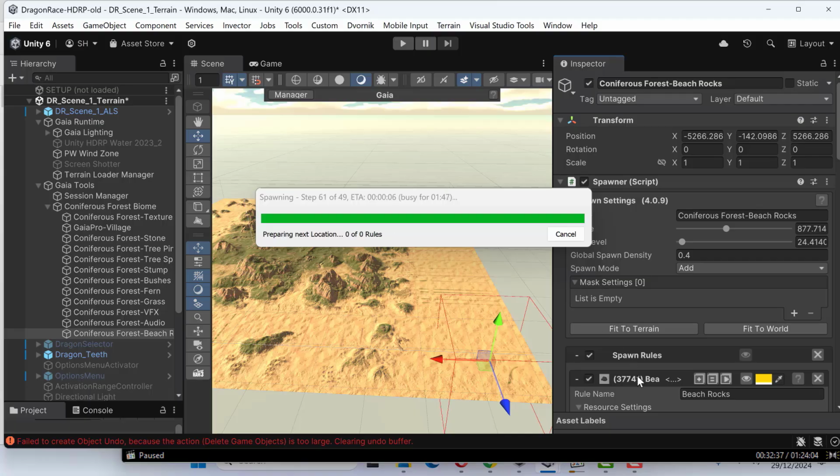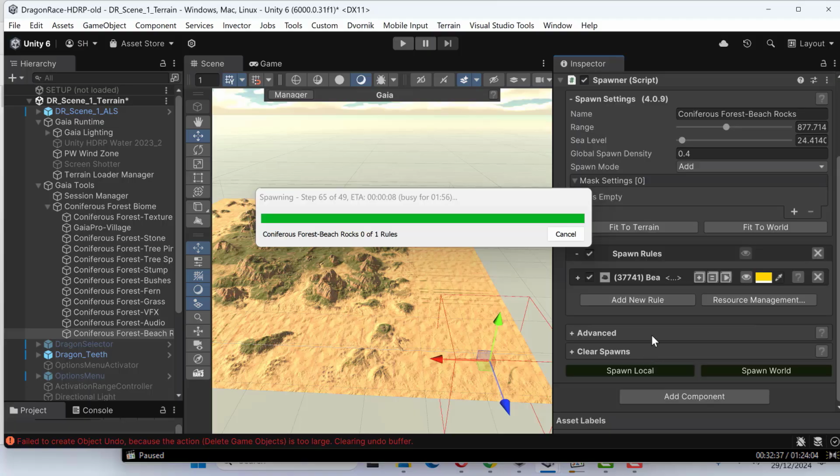There's some strange things. Why has it stopped here? Has it actually stopped, or is it going?